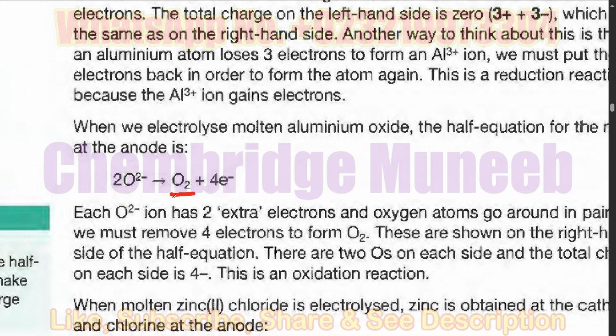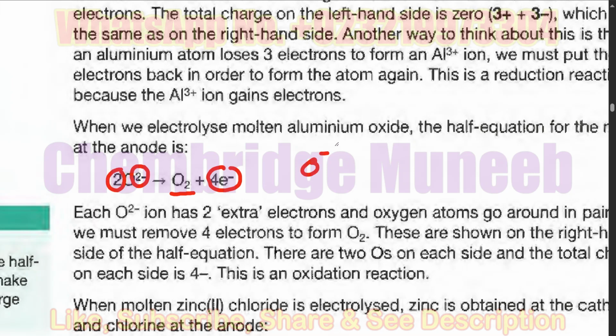We always have to make the molecule of the non-metal. But since there are 2 negative charges on each ion, there shall be a loss of 4 electrons for 2 oxide ions.